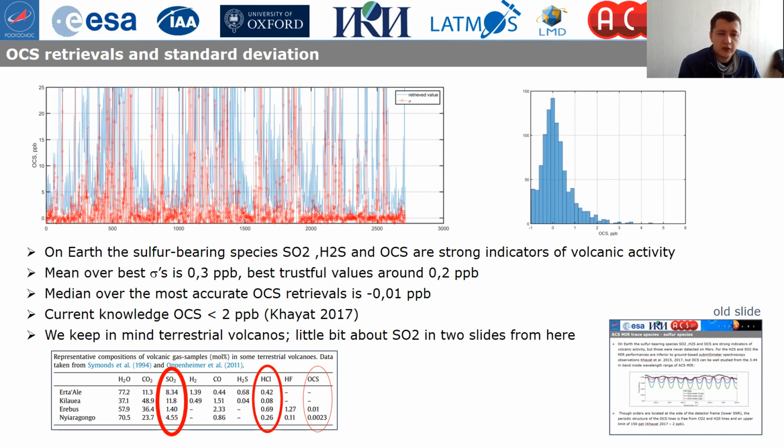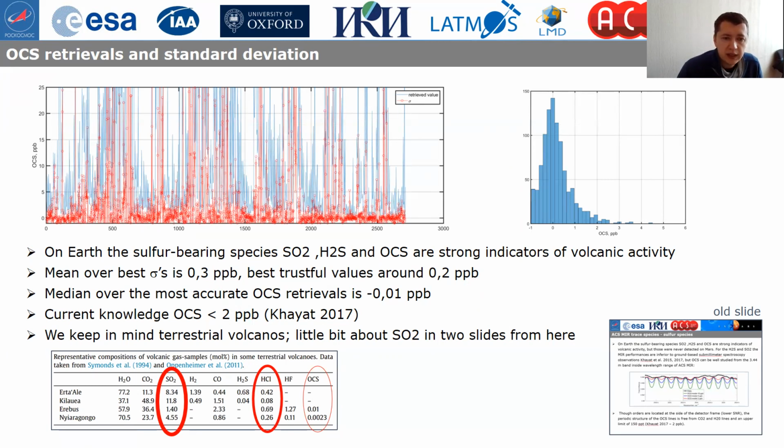The distribution of the values, positive and negative, is around 0 quite nicely. We do increase our current knowledge, we decrease the upper limit. So we say that it's not 2 ppb like in Hayat 2017, but now it's down to 0.3.